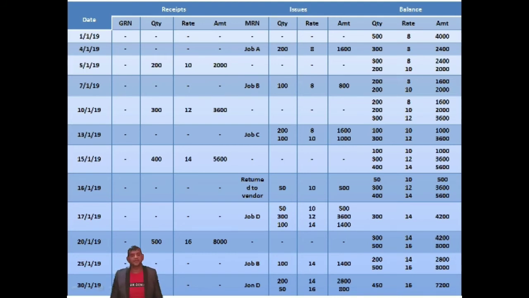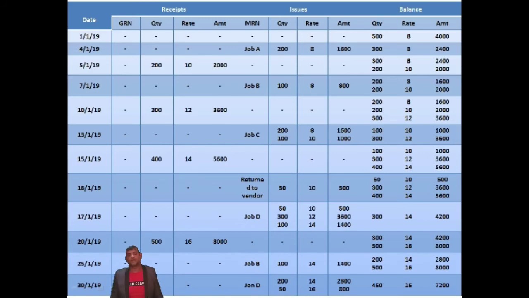So next, further moving on to the 20th January 2019 entry. Under the receipts column, GRN number nil, but there was a receipt of 500 units. So 500 into 16 rupees, because that is the price at which we are receiving the goods on 20th January 2019.